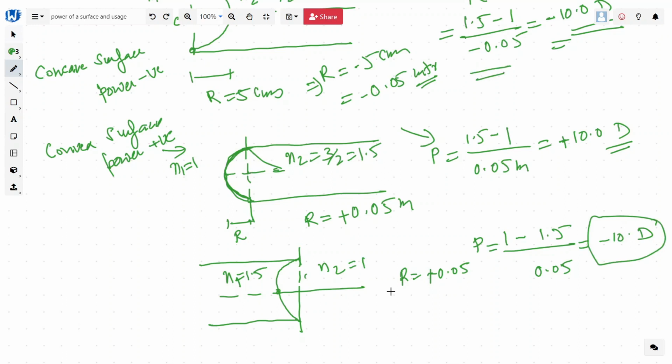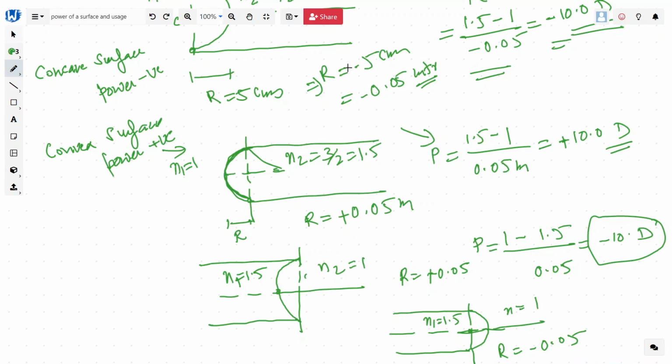Now let's turn this one around and see what happens. So now we have this rod, and the surface is on this side. Here n1 is 1.5 and n2 is equal to 1. Now the R is on this side, which is the negative side, so R is going to be minus 0.05.